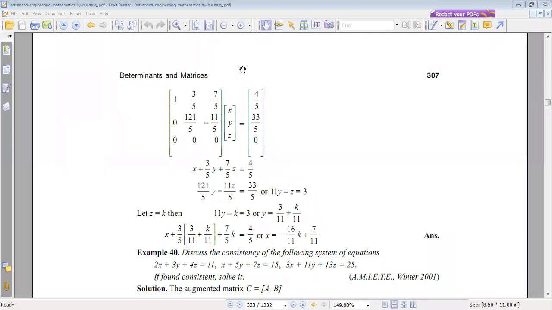Anyone tell me. Asif Mohammed, tell me. When rank of A is equal to rank of C. Yeah, when the rank of A is equal to the rank of the augmented matrix.